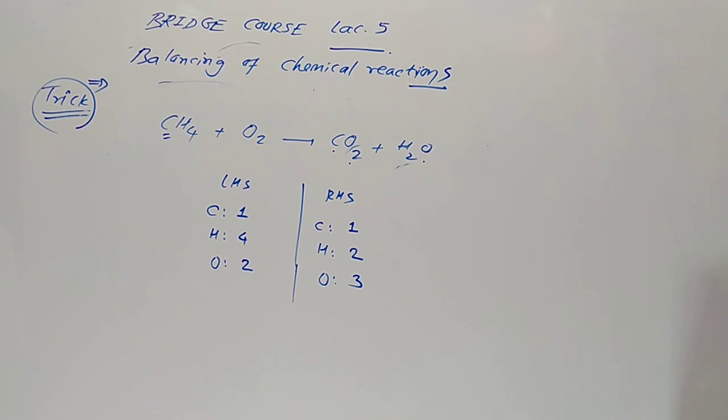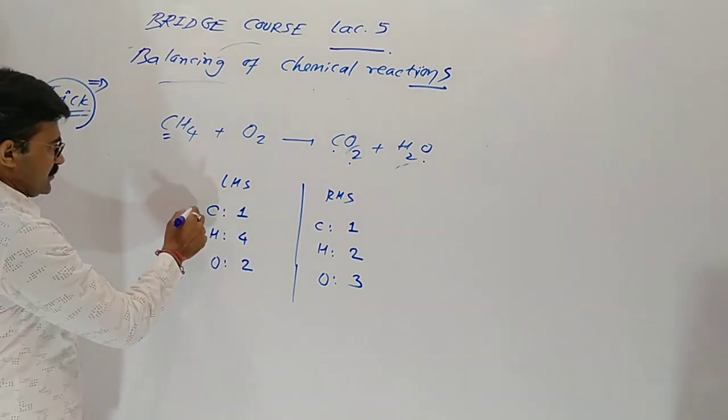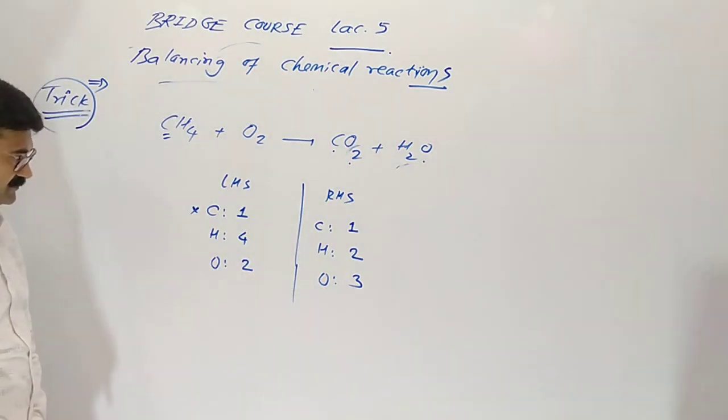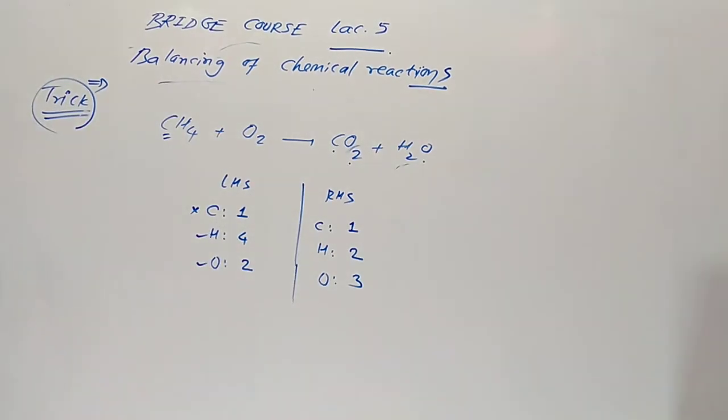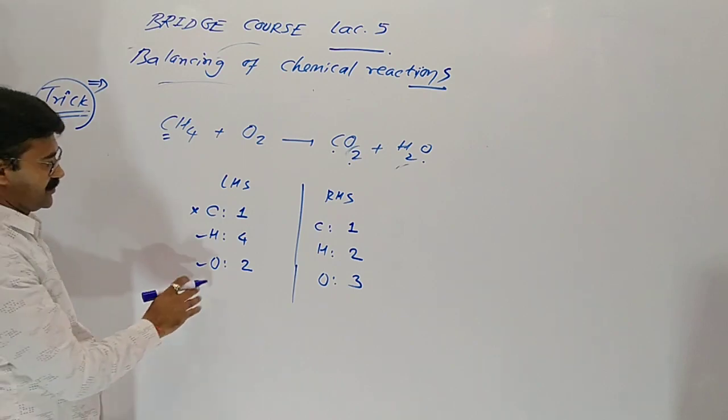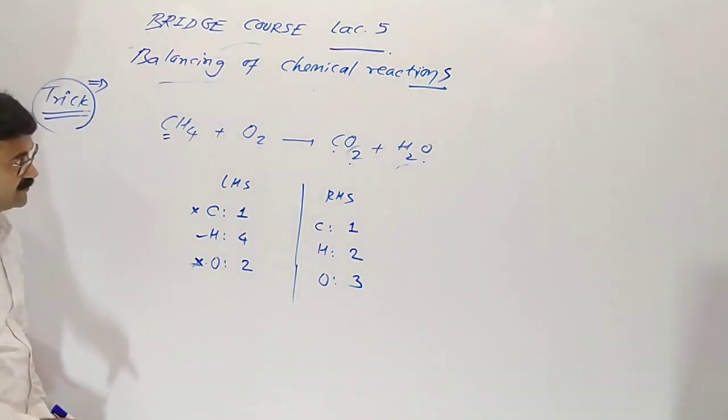Which atoms are the same? Here you can see the atoms of carbon are the same, so don't start with carbon. Hydrogen and oxygen, we have 2 choices, but don't choose oxygen. Why?